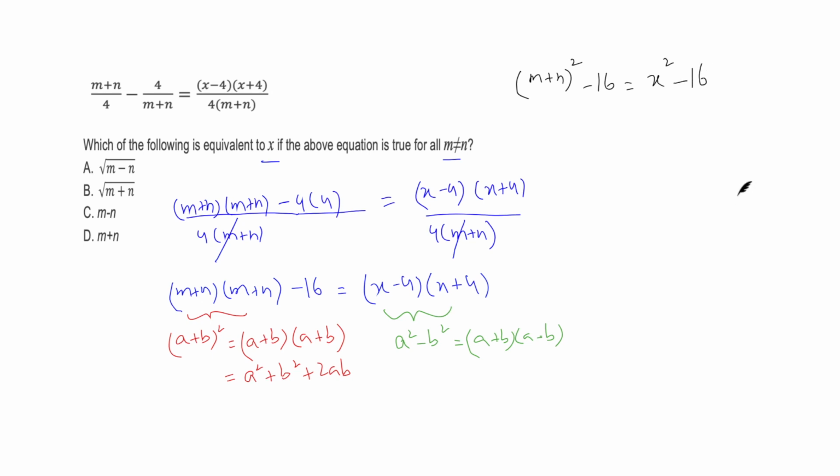There you go. Now you can easily solve the question. Minus 16 cancels out and we are left with x squared equals (m plus n) whole squared. The square will cancel out on both sides and we are left with x equals m plus n. This is our answer, which is option choice D.